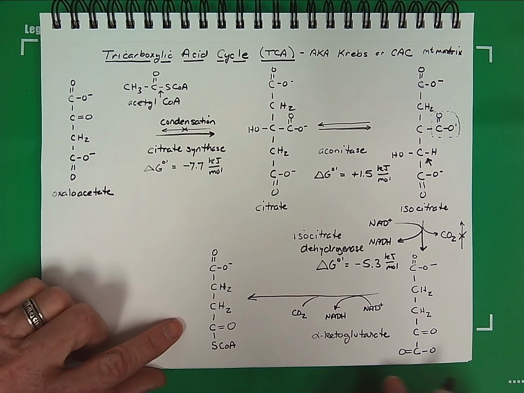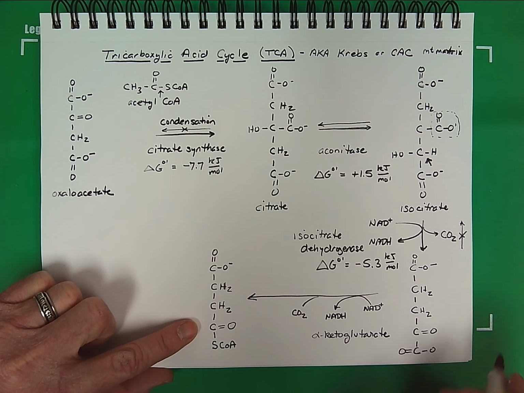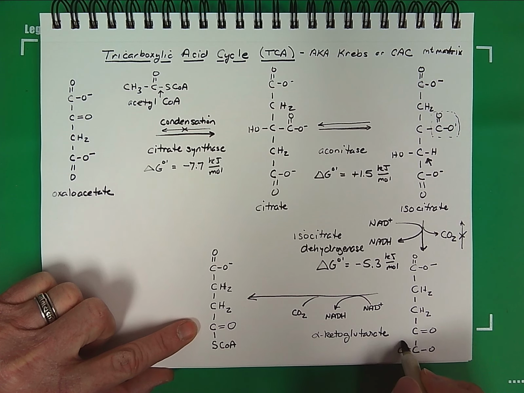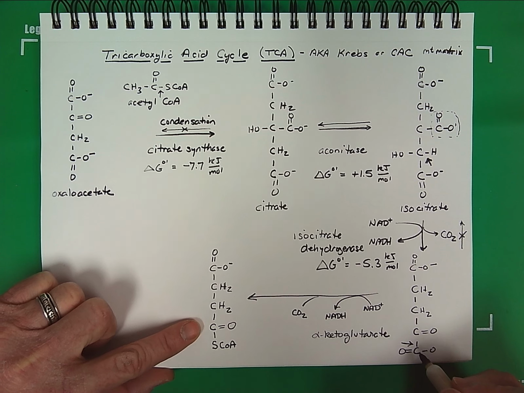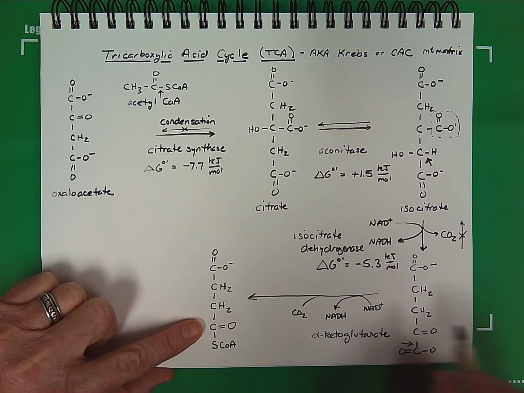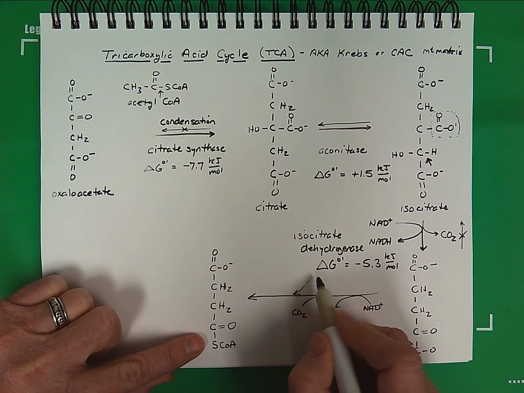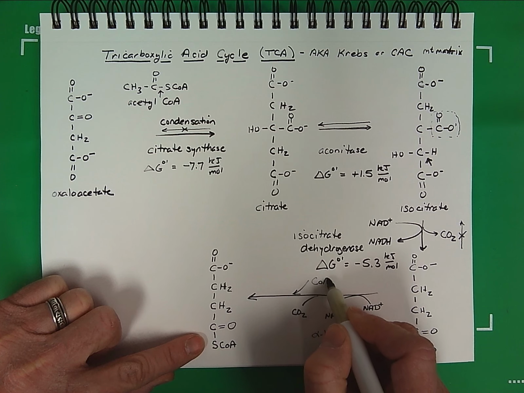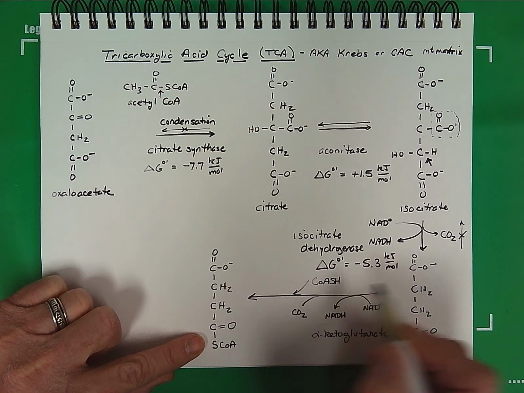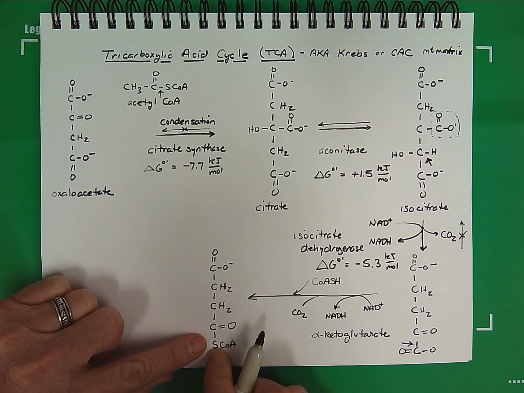So that means that in the decarboxylation reaction we're performing, we're not going to lose these two electrons right here. And so these two electrons will be transferred onto NAD to form NADH. We also have, to balance our equation, the introduction of a coenzyme A in order to add on to here.